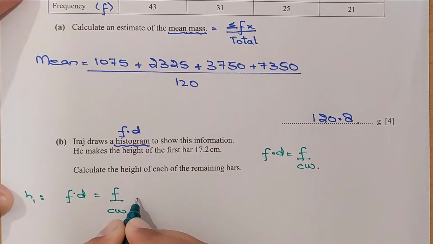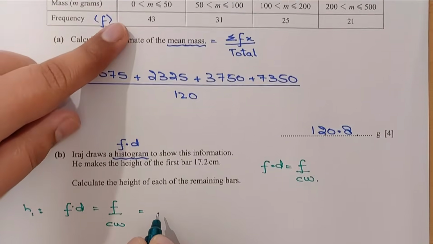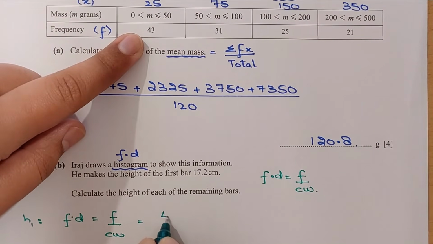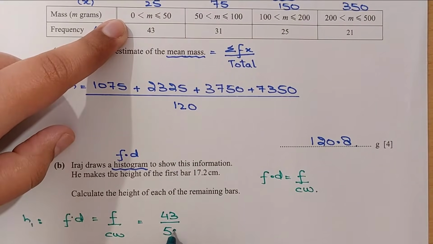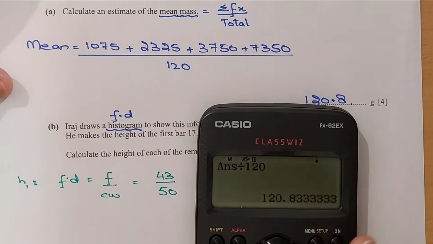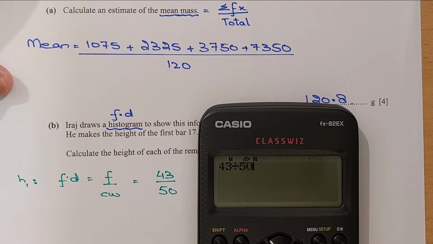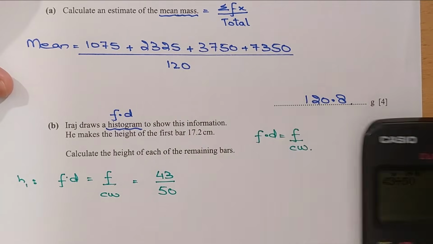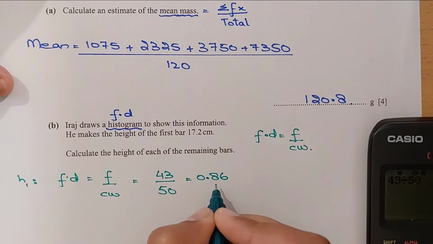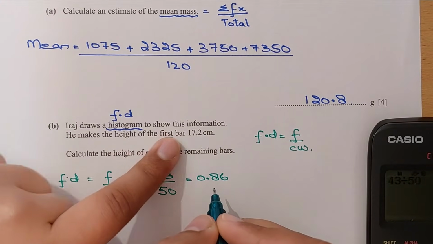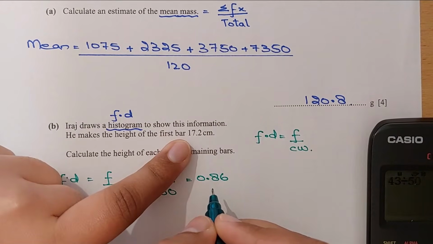So for height 1, the frequency density is the frequency over the class width. The frequency for the first class is 43, and the class width is 50 minus 0, that is 50. So 43 divided by 50 is 0.86. That is the frequency density, but he makes the first bar 17.2.